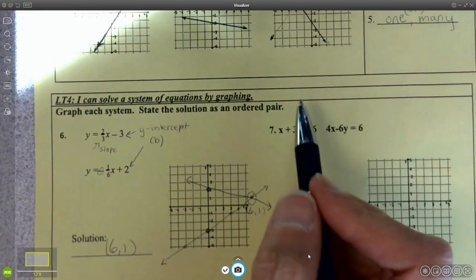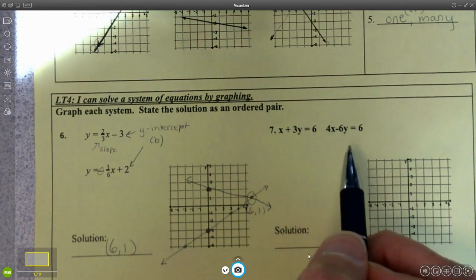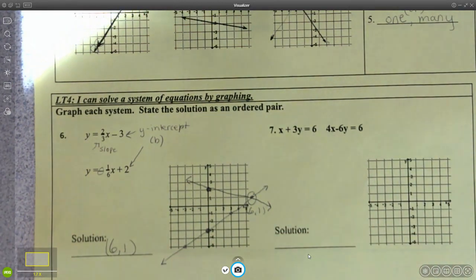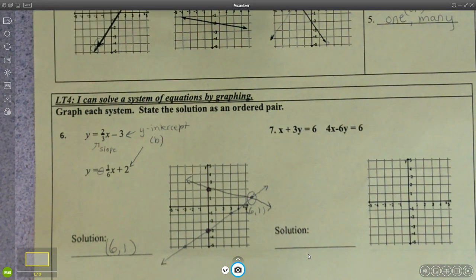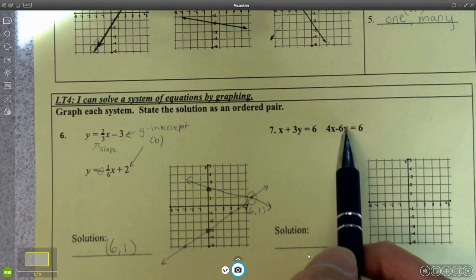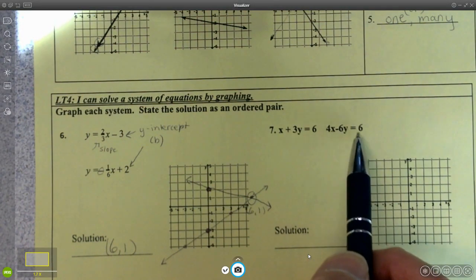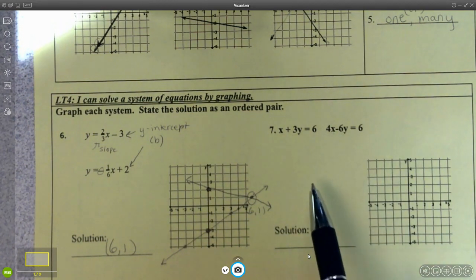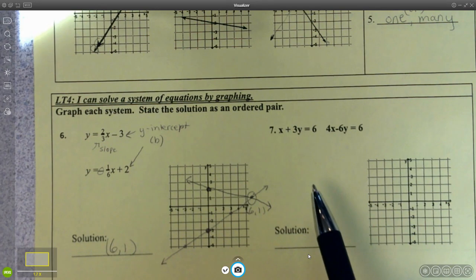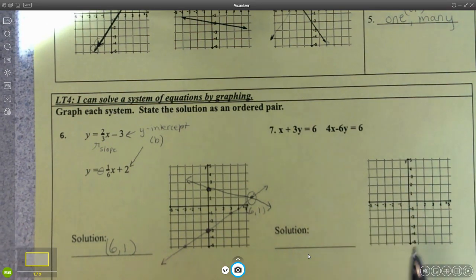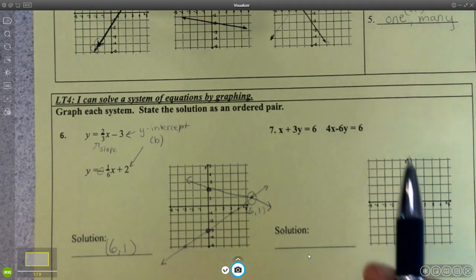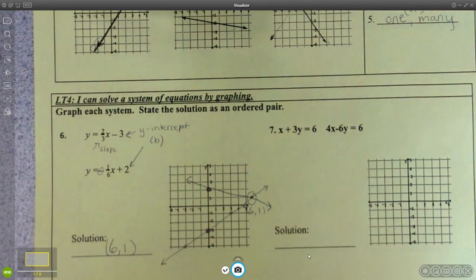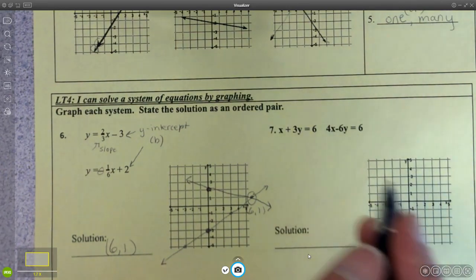Then on these two, I could do the y-intercept, x-intercept method, but here I see if I made y 0, 6 times 0, 4 times something is 6, it would turn into a decimal, and so I'd have to go in between the lines, and I might not be so accurate. So I think I'm going to reset these equations into y equals mx plus b form.